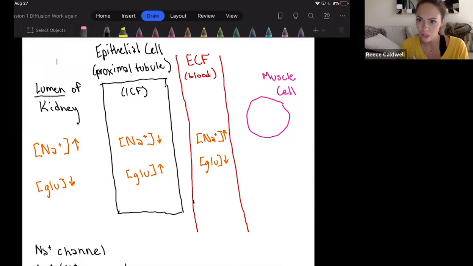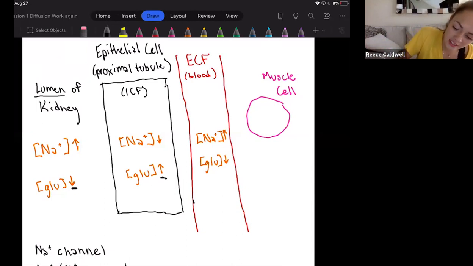But what we see when looking at the concentration gradient is that glucose is lower outside and higher inside. That means it needs to move from low to high, which is against its concentration gradient, and to do that, we need some type of energy.